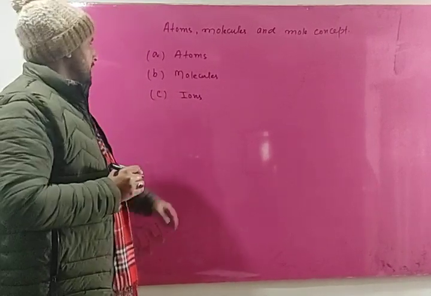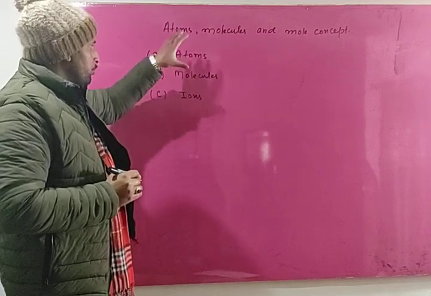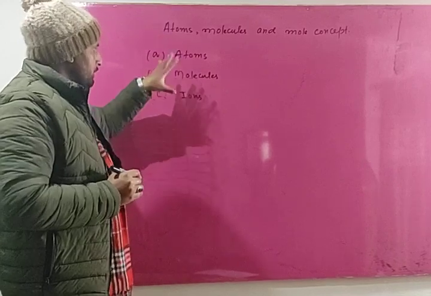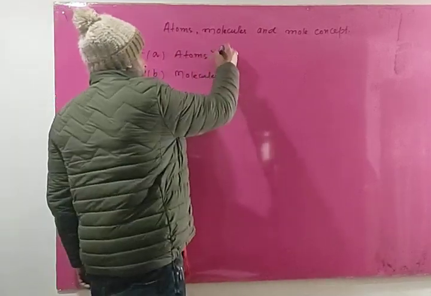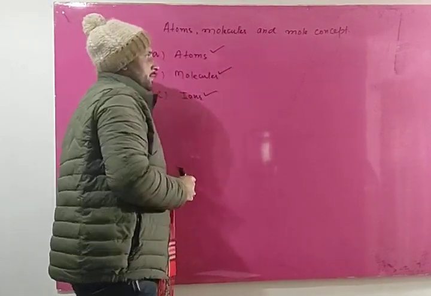So we will be dealing with three types of substances, three types of constituent particles, three types of building blocks, stable fundamental particles in different substances, and these will be atoms, these will be molecules, and these will be ions.